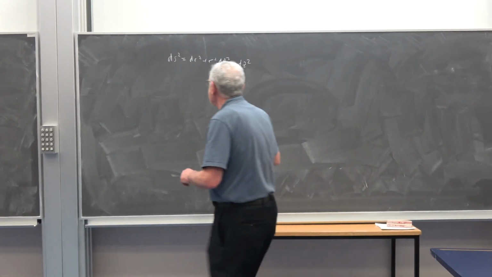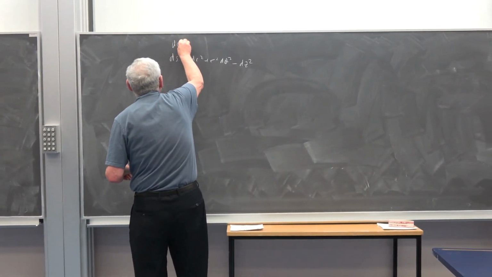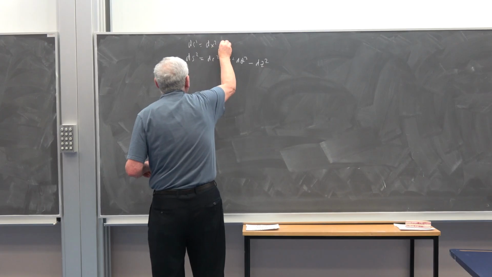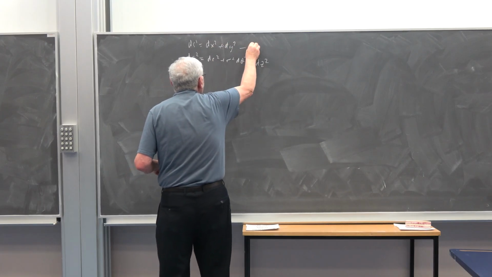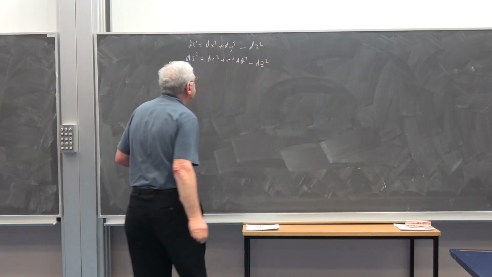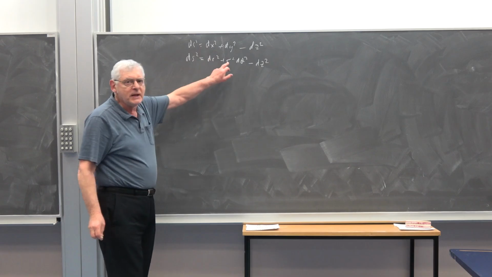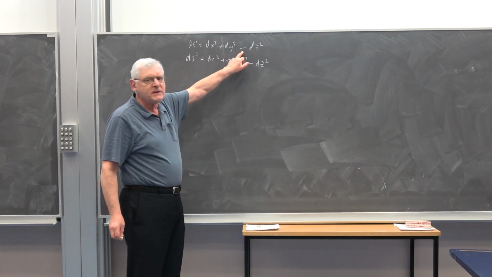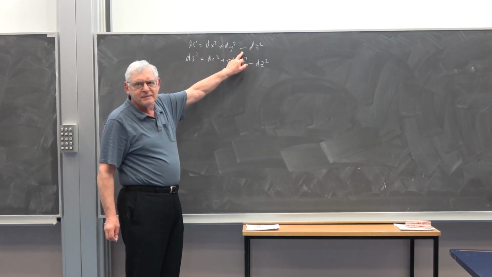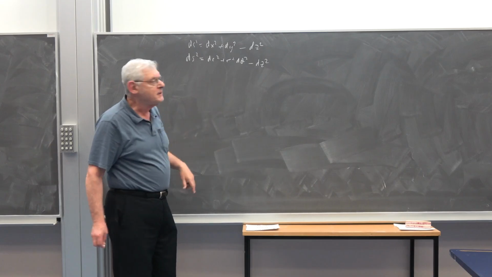I should perhaps have written, first of all, ds² is equal to dx² plus dy² minus dz². So I'm going to take Pythagoras, but with a funny sign. And we'll see why that's so significant in a moment.